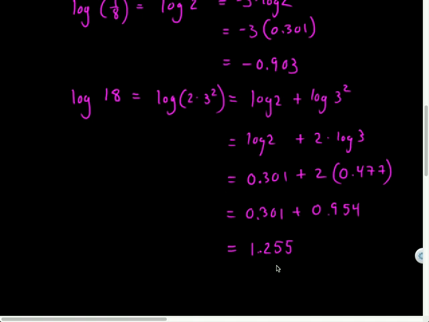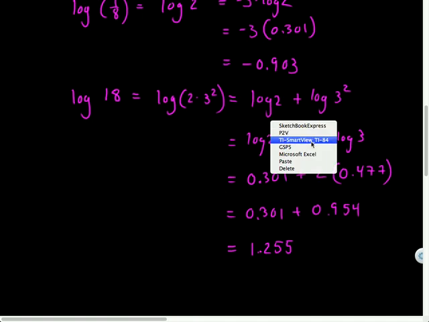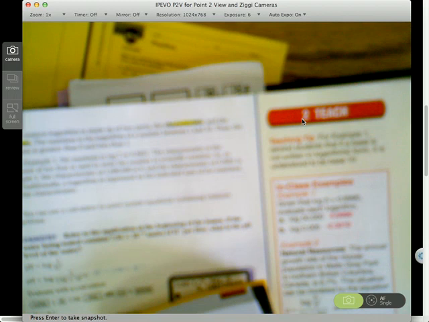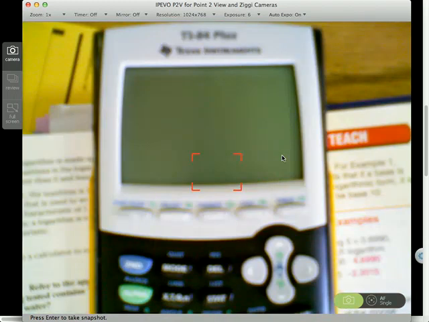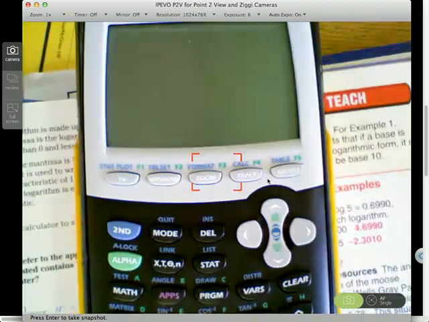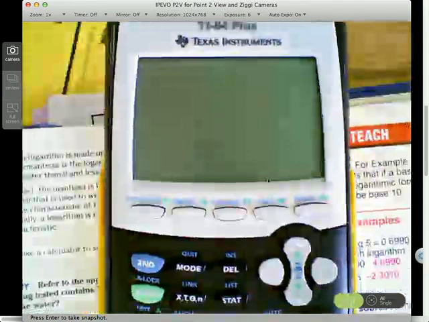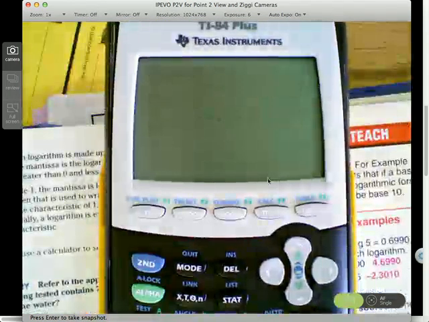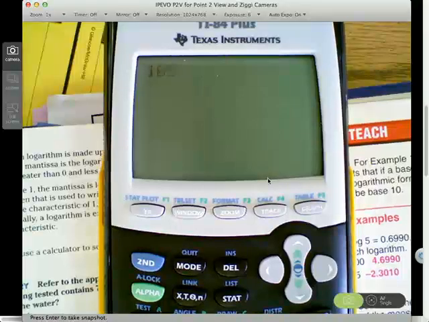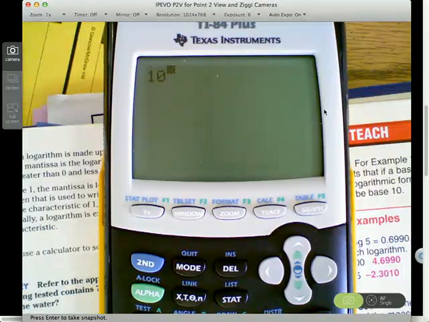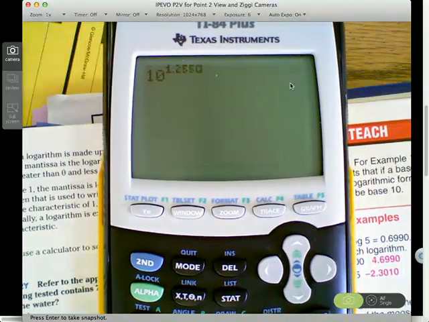All right. And just to verify some of this with our calculators, which we theoretically didn't have a moment ago. Let's see if I can get some focus on this. And we're good. So is 10 to the, what was the decimal we just said? 1.255.